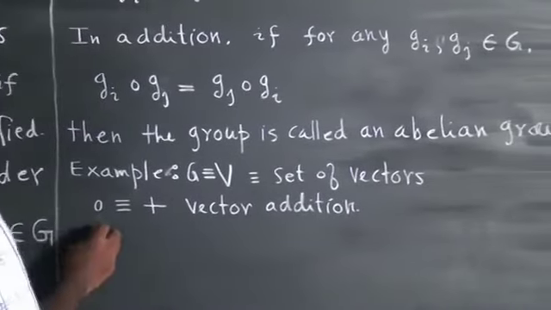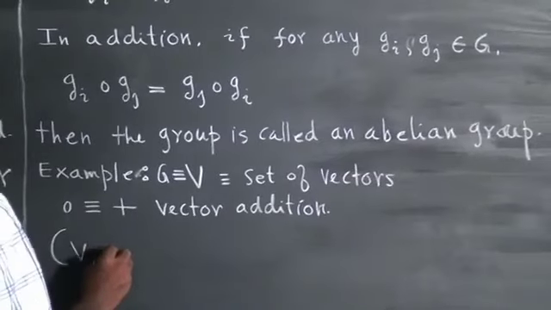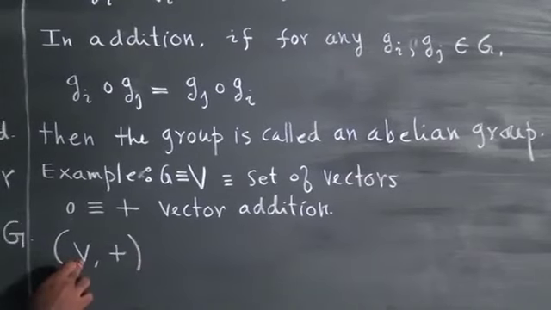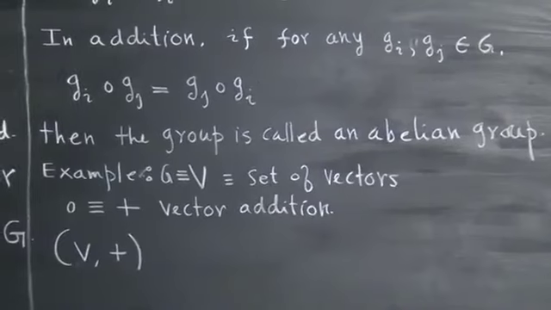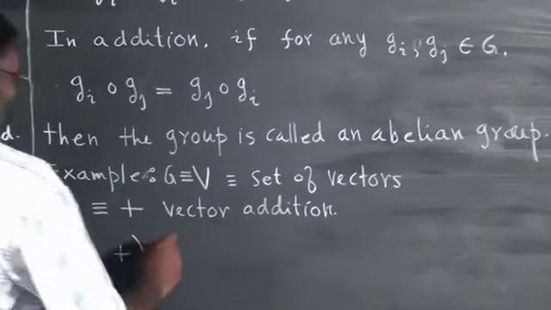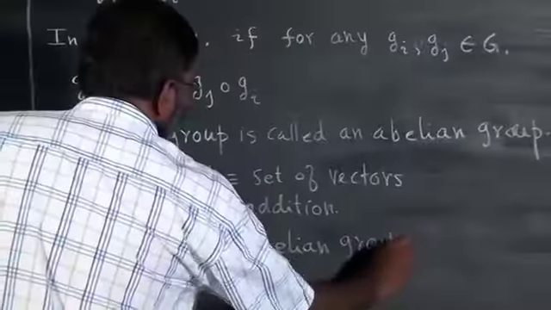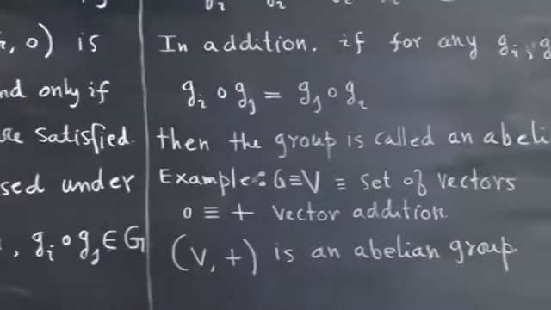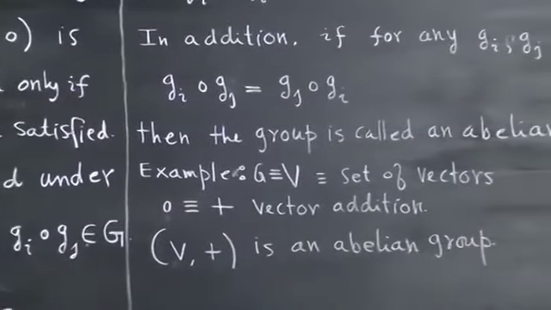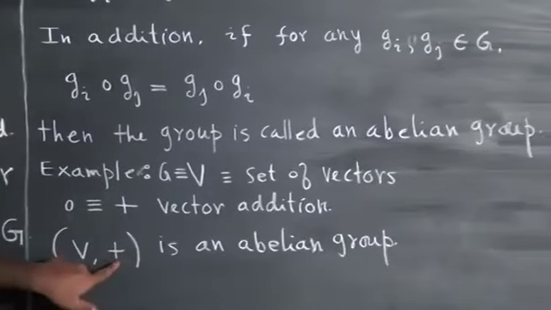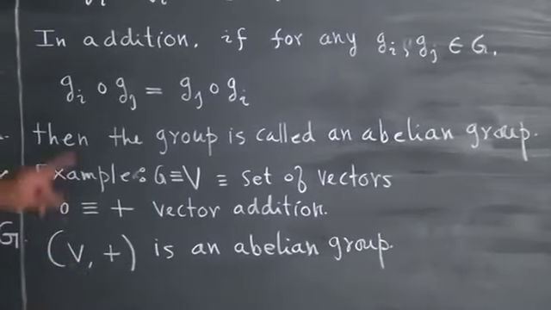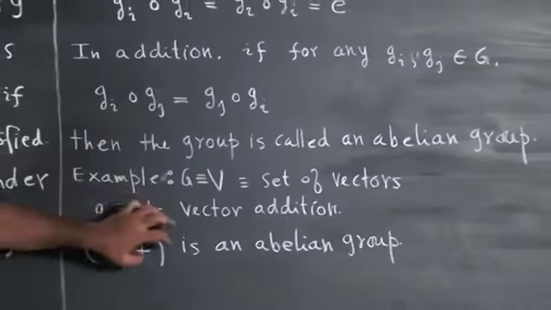Now V plus, that is the set of vectors with vector addition, is always an abelian group. All these axioms will be satisfied for this. When we defined vector space, we first defined these things with vector addition, and if you can recall, I think I wrote there that V plus is an abelian group.